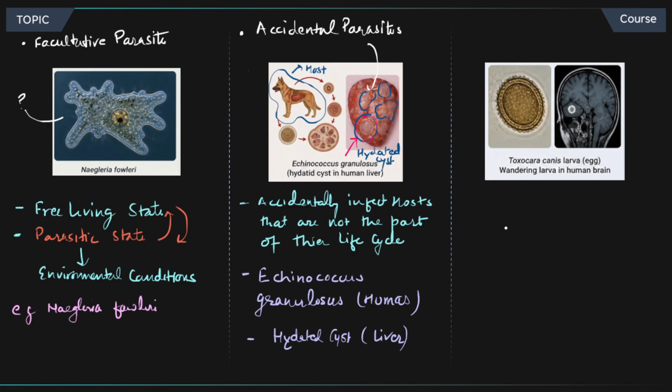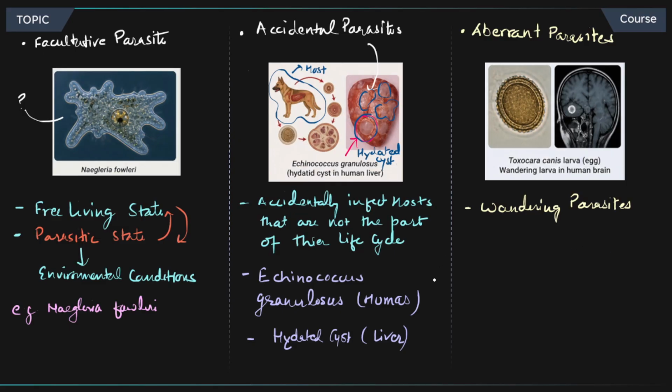Now the next category of parasites is the aberrant parasite. Really, really interesting category of parasites, aberrant parasite. It's also known as wandering parasite. Toxocara canis is one of the examples for that.